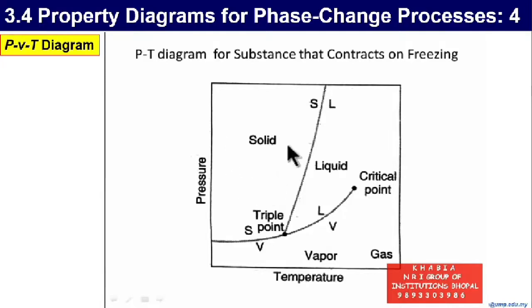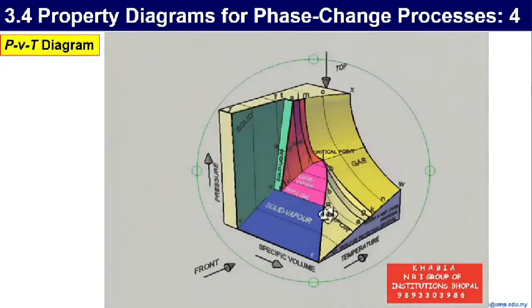This is solid phase area, this is liquid phase area, and this is vapor phase area. And if you look at the model of PVT surface from right side, you will see the PT diagram. Let me show it to you. Suppose this is front direction of looking, this is top direction of looking, and then this direction will be right direction of looking.